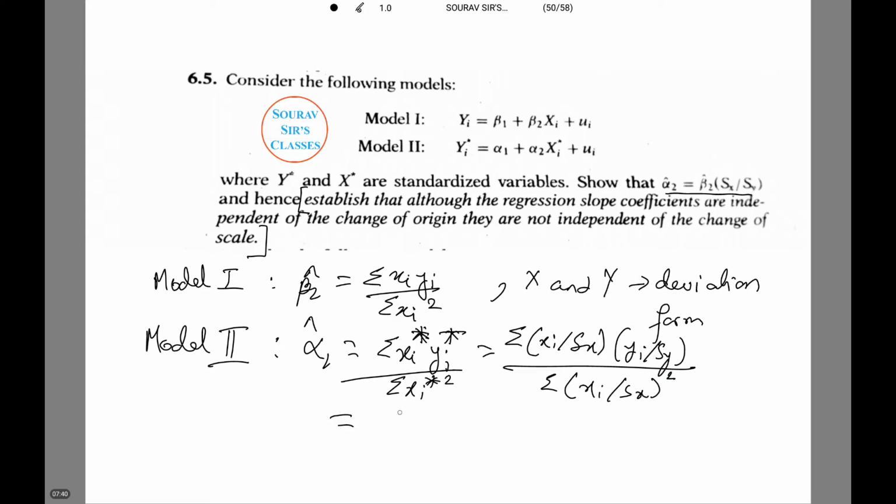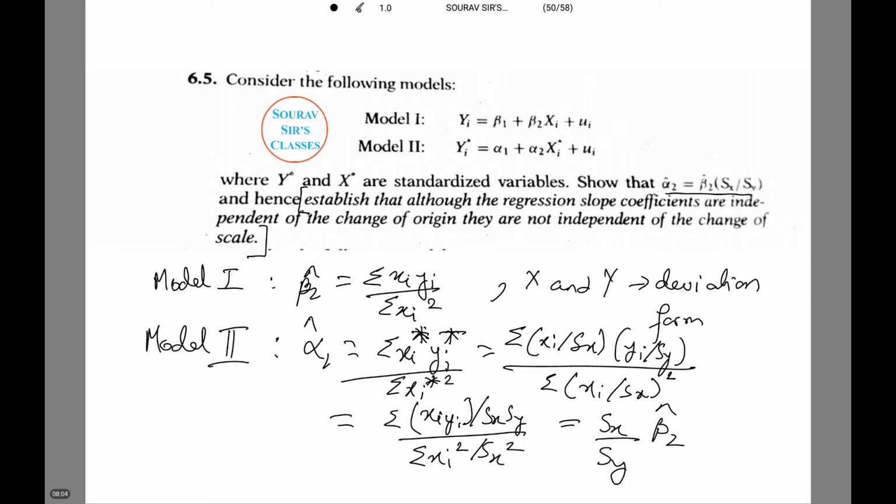This in turn equals to summation xi yi by SxSy whole divided by summation xi square by Sx square, which upon simplification comes to Sx by Sy beta 2 cap.